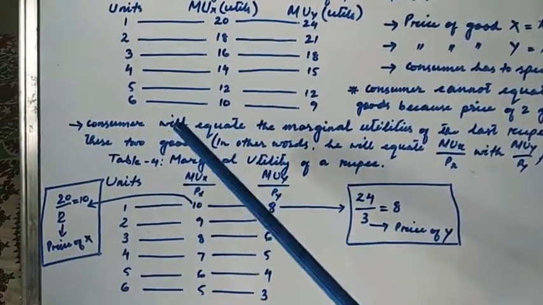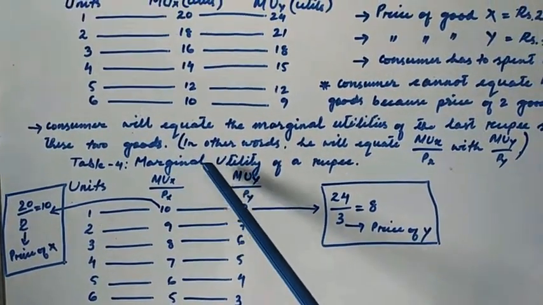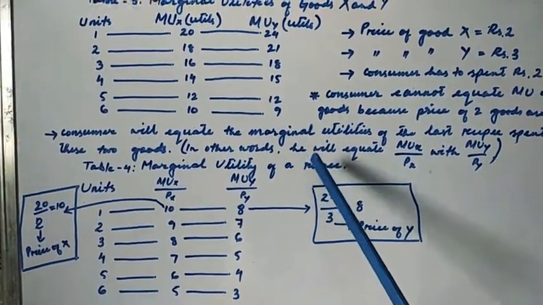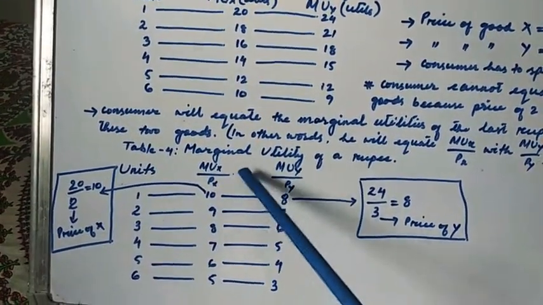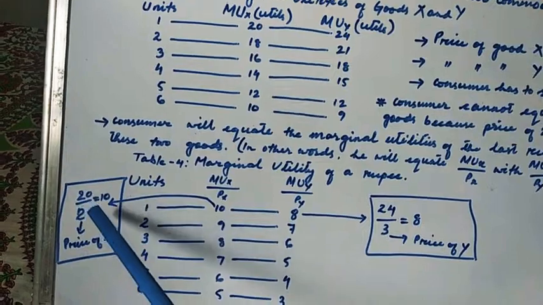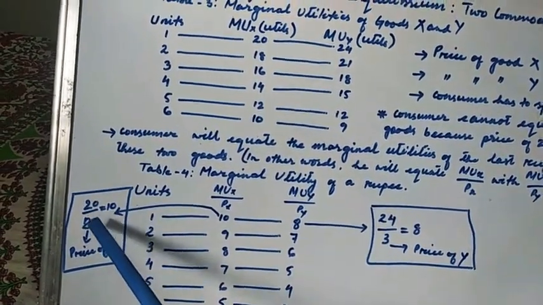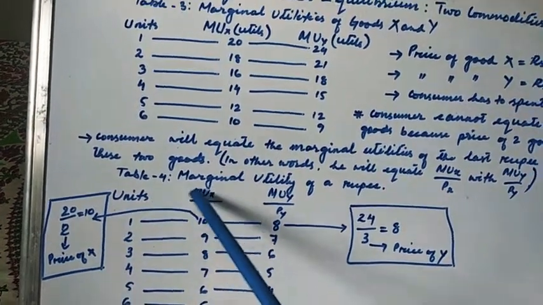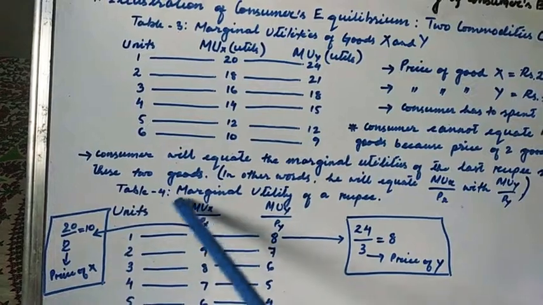So in Table number 4, we have found out the marginal utility of a rupee. How do we find the marginal utility of a rupee for good X? It is 20 divided by 2. Here 20 is the marginal utility of good X and 2 is the price of good X. So 20 divided by 2 is 10.